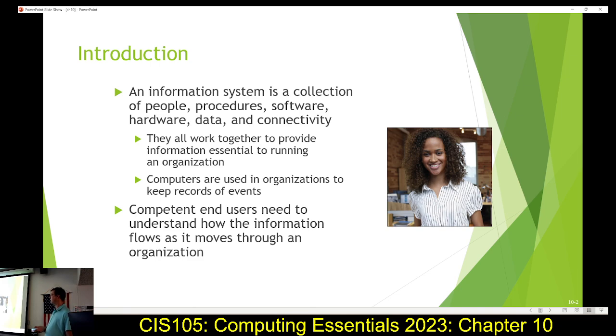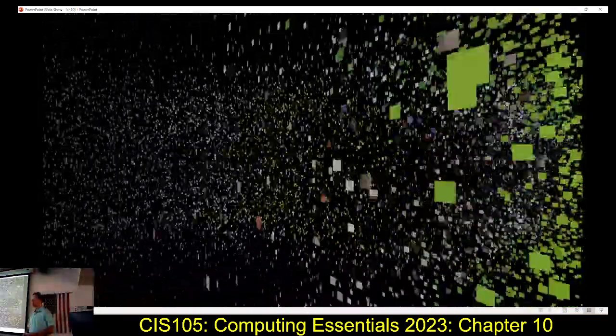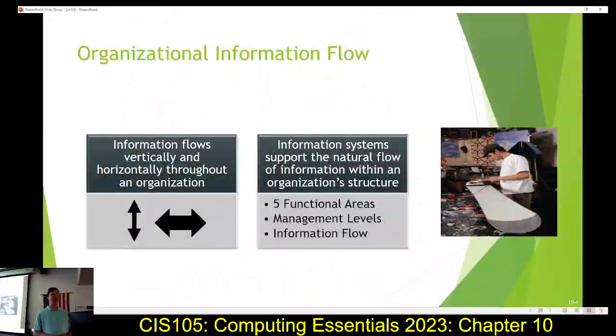Every organization needs those to run efficiently. And computers are used in all kinds of organizations now to keep records of events. So we, as people that work for organizations, need to understand how the information flows throughout the organization. And yes, I don't care what position you have, you should understand how the communication flows.